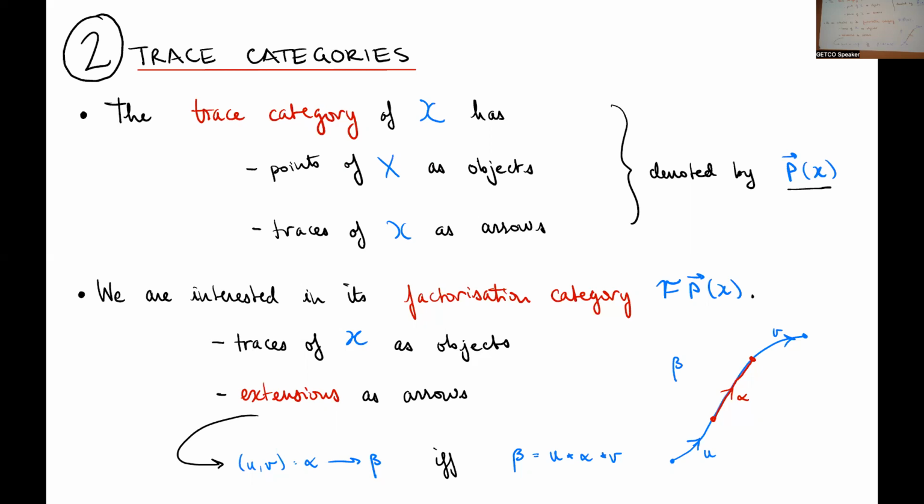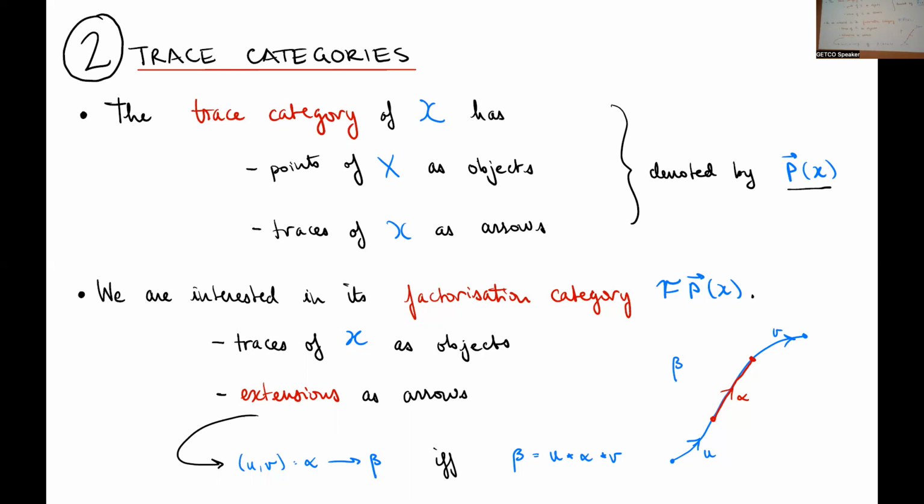Like I said, this directed space is encoding a category, called the trace category. The objects of this category are the points of the underlying space, and the arrows are just traces. So this is the boiled-down information. We've forgotten about the topology. We're just looking at the way that points in the space are connected by traces.